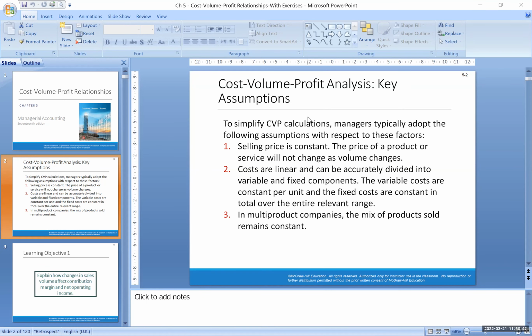For that relevant range, I will pay the same fixed costs, okay? So if I produce 18 or 20 or 22, I will pay that much of the fixed costs.